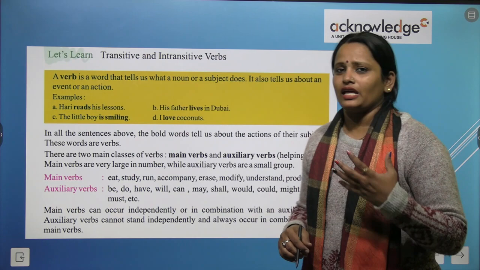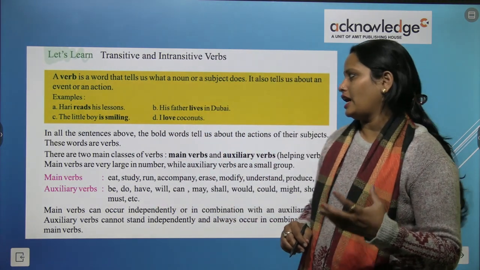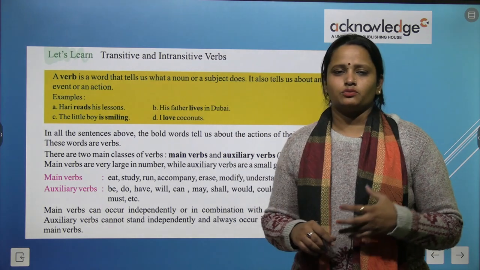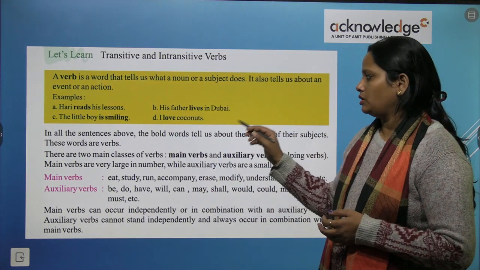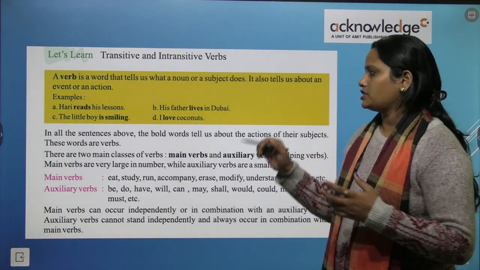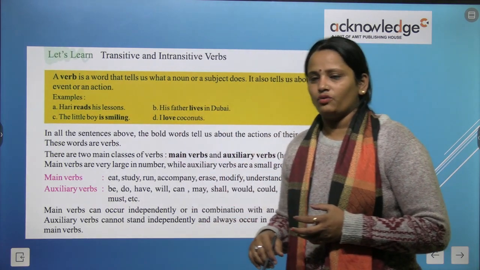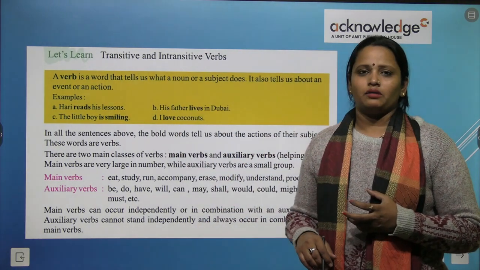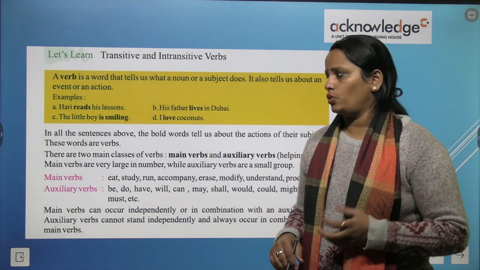The little boy is smiling. I love coconuts. In all the sentences above, the bold words tell us about the action of their subject. So जितने भी words हैं यहाँ पे जिसमें bold letters लिखे हुए हैं ये action के बारे में बता रहे हैं कि कौन सा work यहाँ पे हो रहा है.